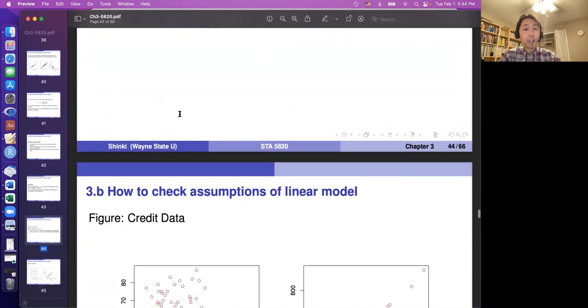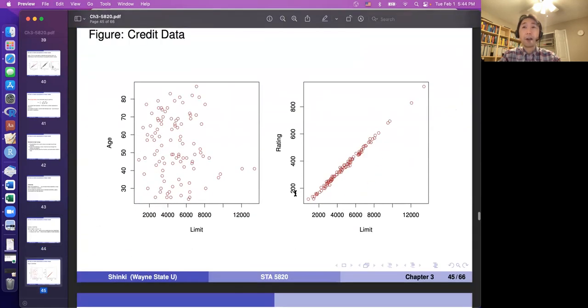But if we look at these three predictors, we can see some correlation. The credit limit and age are almost irrelevant to each other, as the data shows: limit probably in US dollars and age in years.